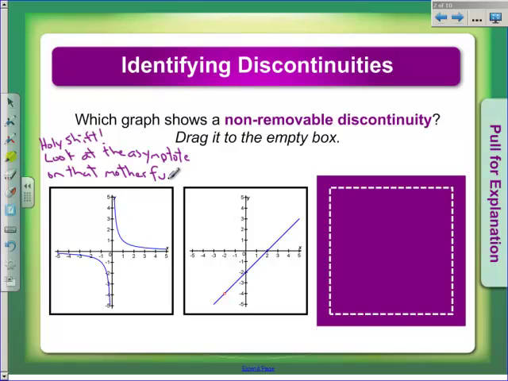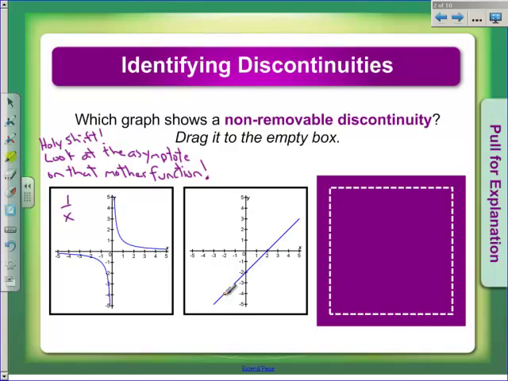And this cannot be removed. There's no way to remove that asymptote. You can't cancel anything out. This is just 1 over x. And when x equals 0, we have an asymptote, and there's not a common factor on the top and bottom. So that one is non-removable.